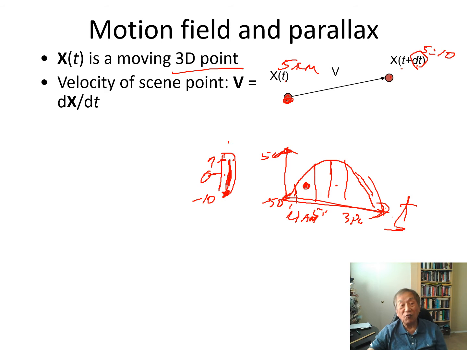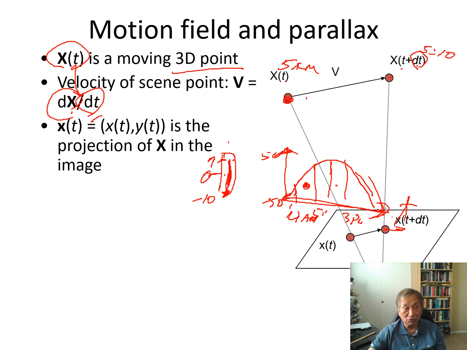Then how fast they go is of course dx, how much it changes. This is a two-dimensional thing, location and time, so it's a partial differentiation with respect to time.